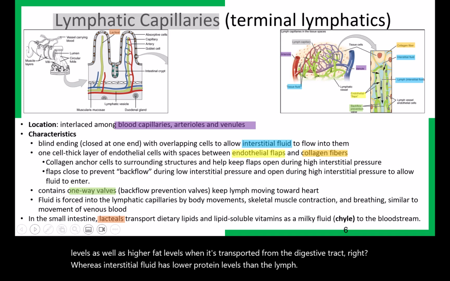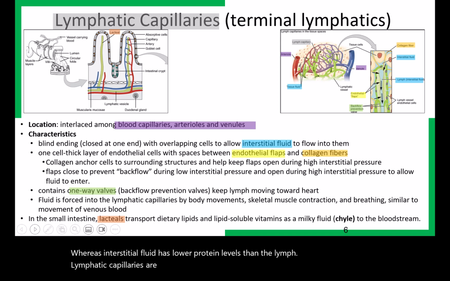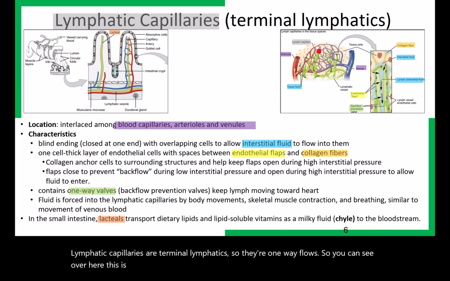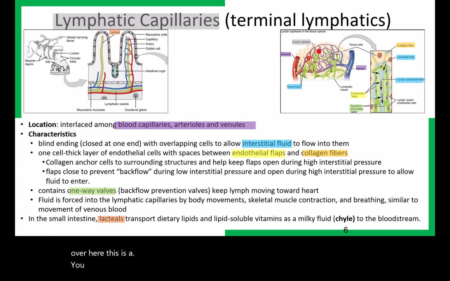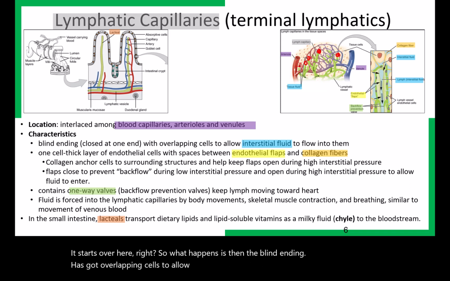Lymphatic capillaries are terminal lymphatics, so they're one-way flow. You can see over here, it starts over here, right? The blind ending has overlapping cells to allow interstitial fluid to flow into them.